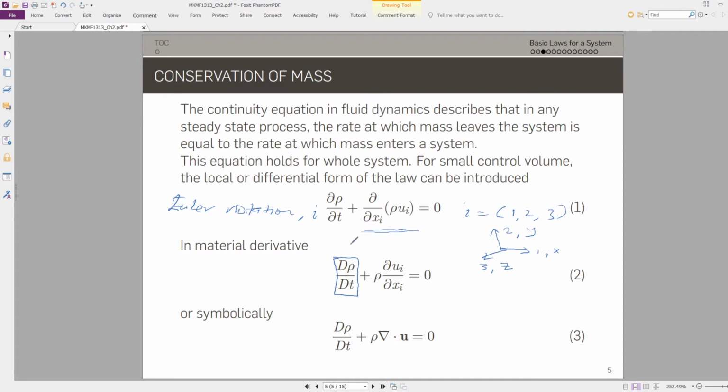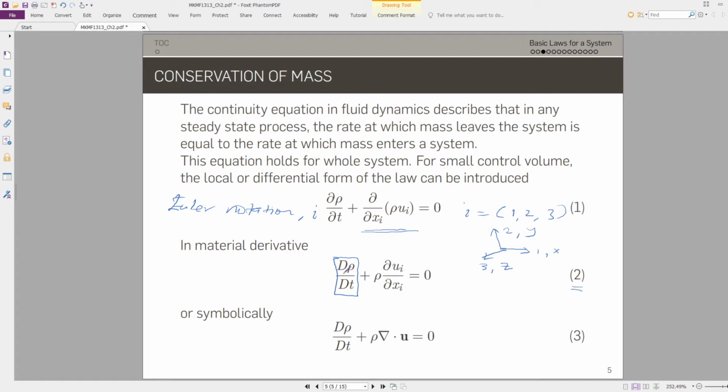So this is the convection part of the equation.